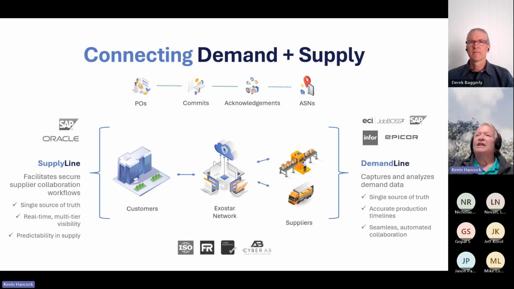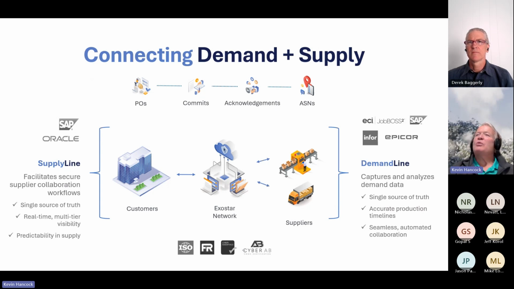Now, not only can Exostar do this on the demand side, right, with our demand line product, but we also have a companion application, supply line, which allows you to also have that supply chain portal experience with your customers.